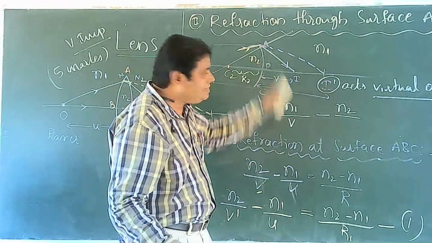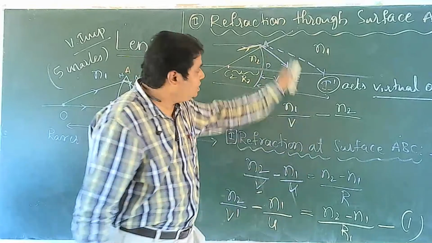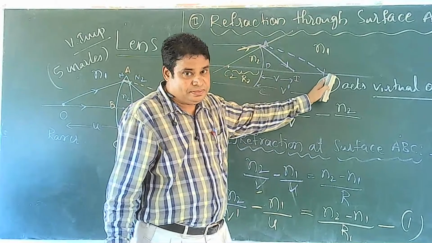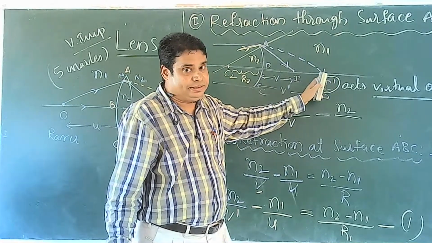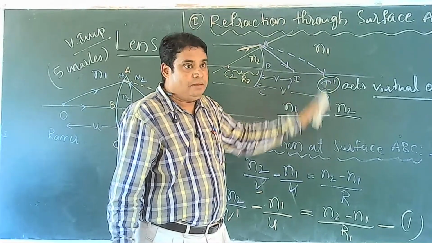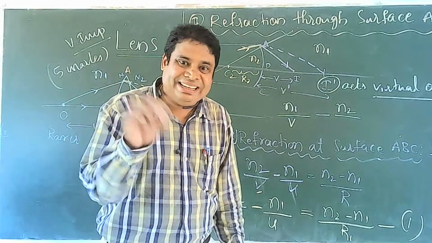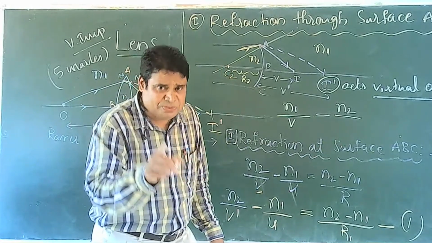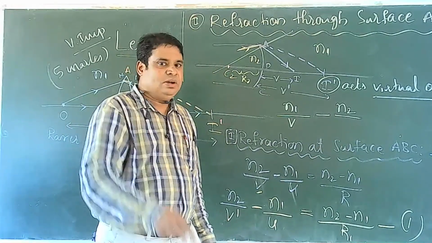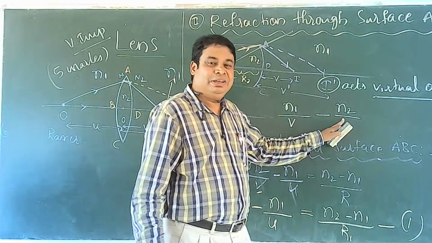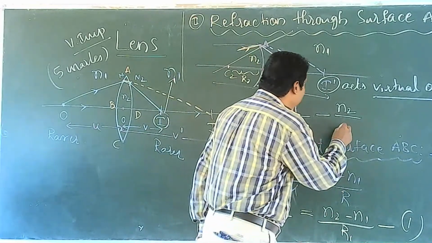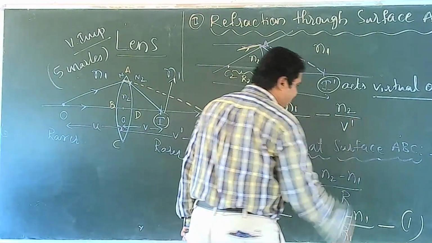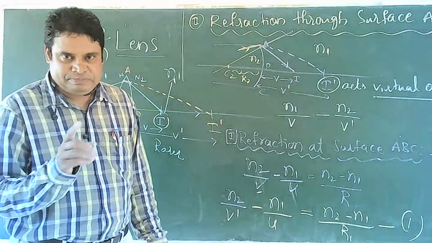Where is the object? The object is inside the lens. In the absence of the lens, it will form here. But what do we have to take? The object space will be n2 divided by the object distance, of course, p dash.